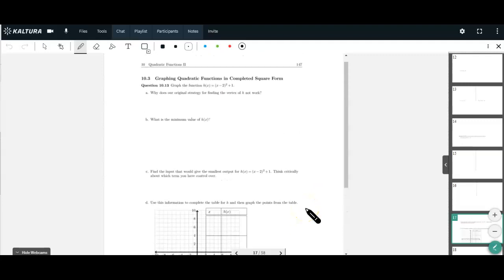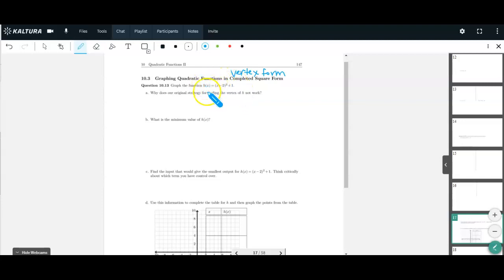But basically on 10.3, we want to talk about how to graph something when it's in this complete the square form, which we've been calling vertex form. I like to call it vertex form, and you'll see that in a lot of other books, because in this form it's easy to tell where the vertex is.